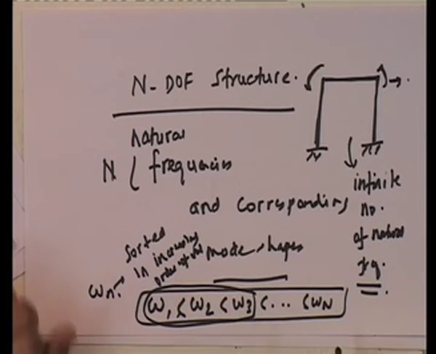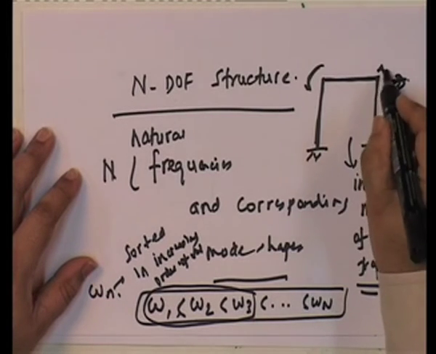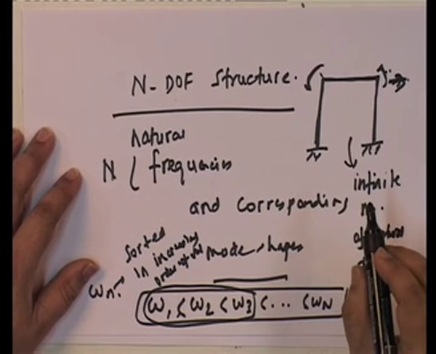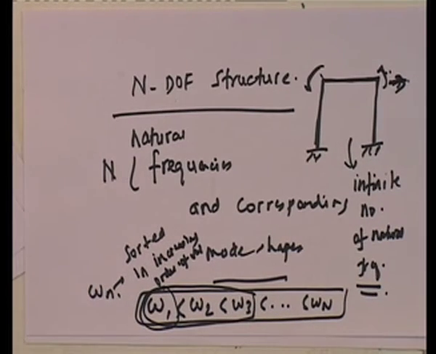Now, I said that if I use the lumped mass formulation, I only get a single degree of freedom. These two also disappear. Which one do I get? I actually get only this one, approximation. Okay?